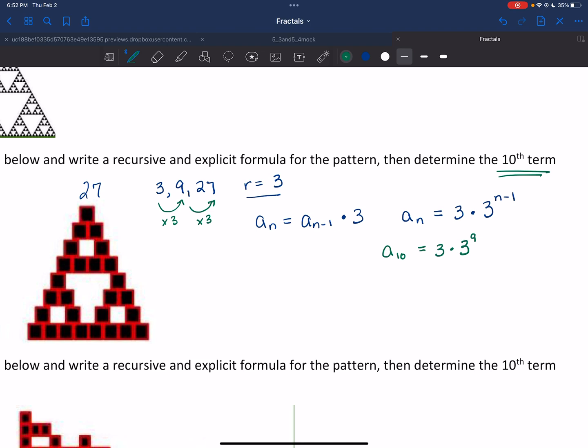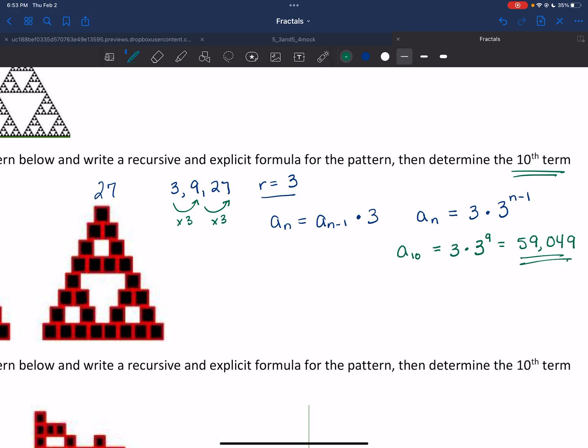So if I have 3 to the 9 times 3, I get a value of 59,049. 3 to the 9th itself just gives me 19,683, but then multiplying that by 3, I get 59,049.